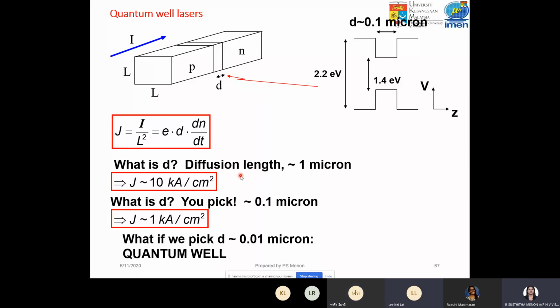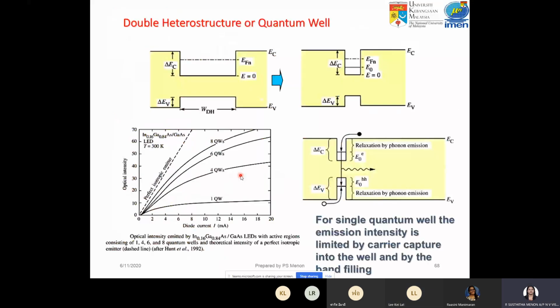All right. So double heterostructure or quantum well. This is the active region. Now the thickness of the active region, from 1 micron, we reduce it to 0.01 micron. It has become very, very small. But what happens when you have only one quantum well? The intensity is very low.